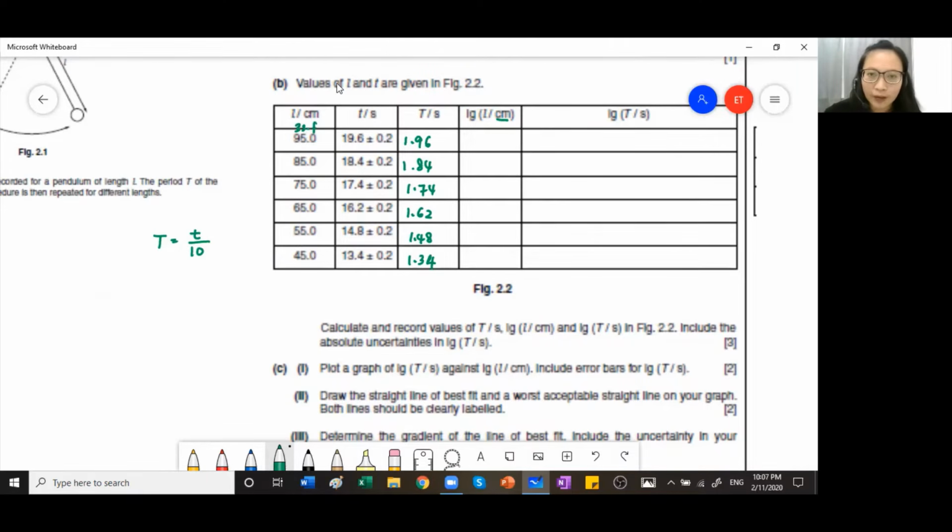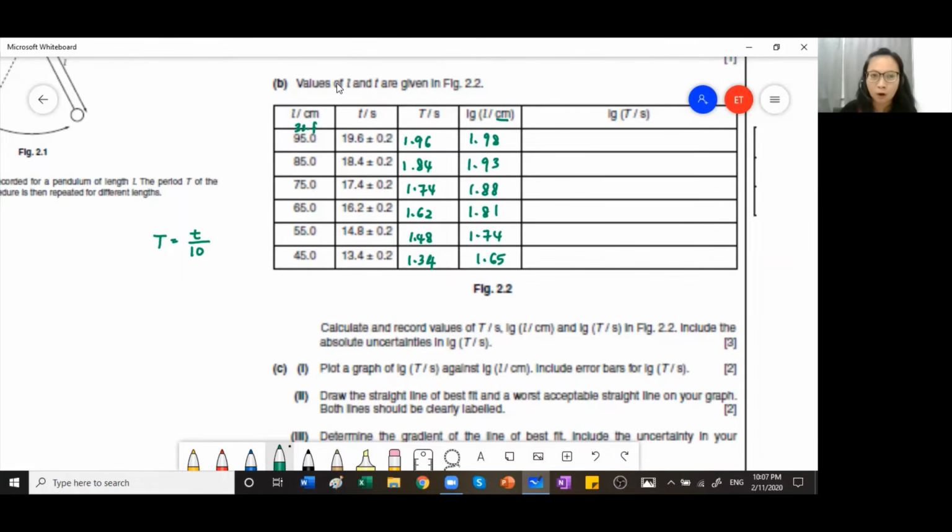So I get 1.98 here, 1.93, 1.88, 1.81, 1.74, 1.65 here.